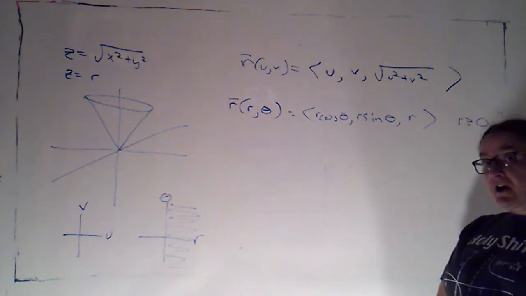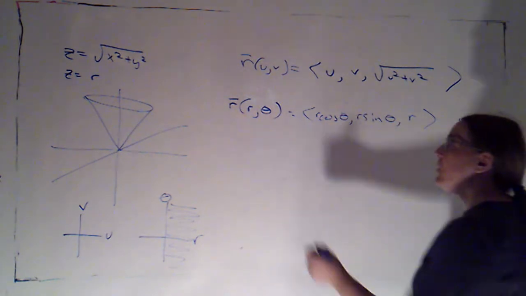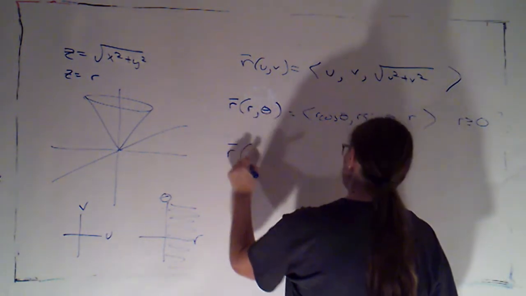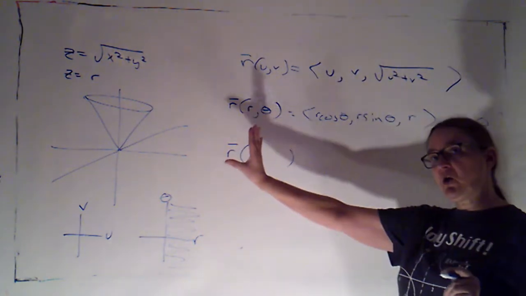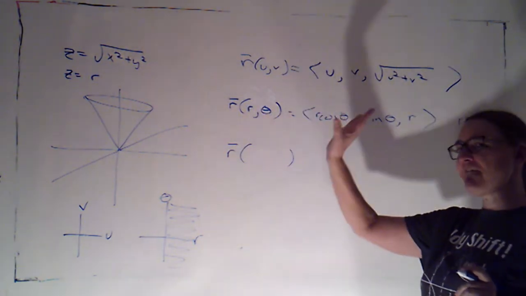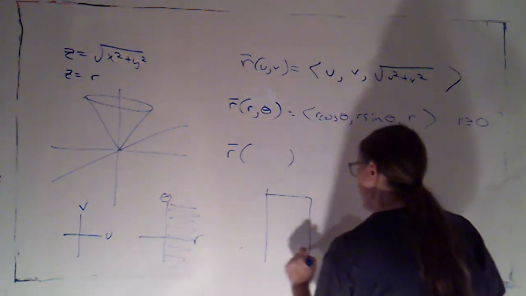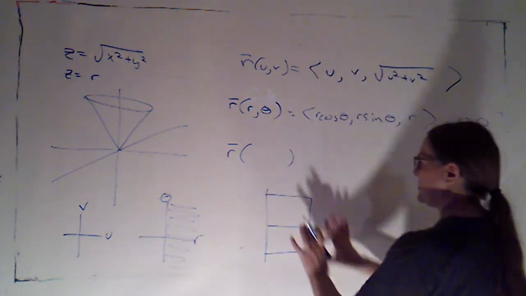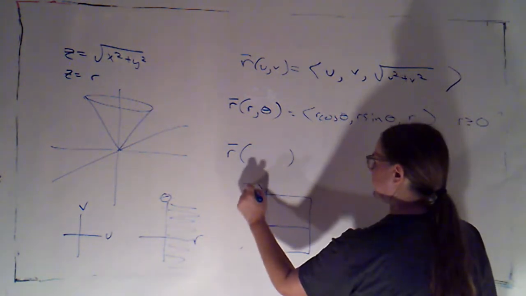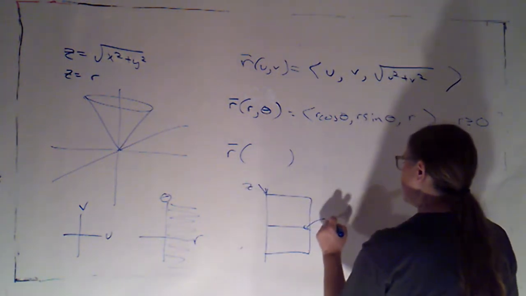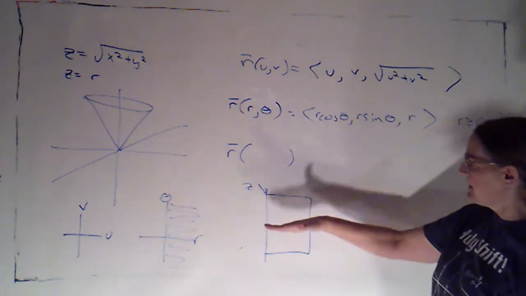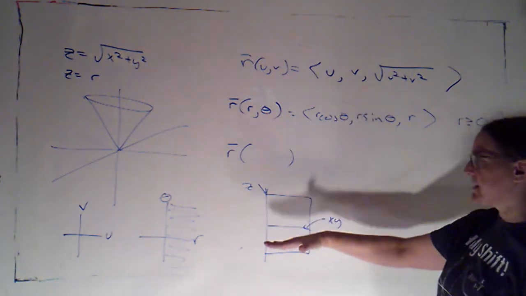And the third option that I would have would be to use spherical coordinates, because a cone is a constant phi surface. So if I want to figure out what the phi value is, so here's my constant theta half plane. That's the z-axis. This is meant to be the xy plane. So it's coming out from the board like so.